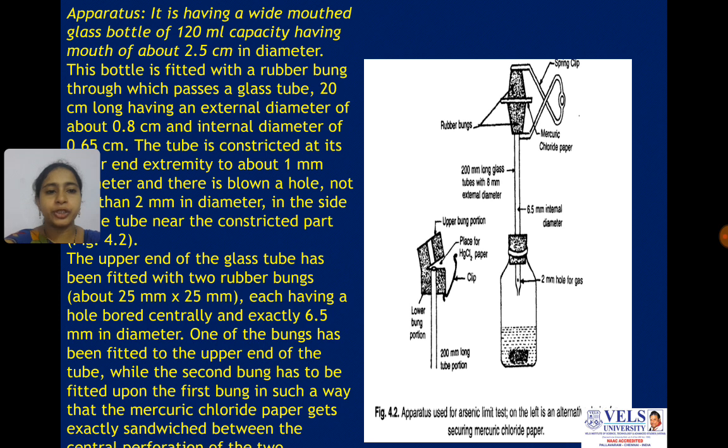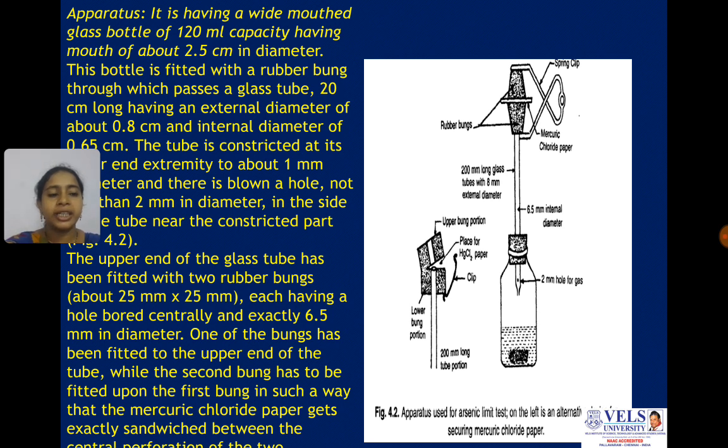The upper end of the tube is fitted with two rubber bungs 25 mm in diameter, each having a bore hole centrally of exactly 6.5 mm in diameter so that it holds the upper end of the tube, while the second bung is fitted upon the first bung in such a way that the mercuric chloride paper gets exactly sandwiched between the central perforations of the two bungs.